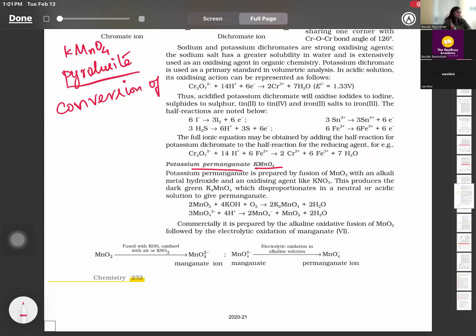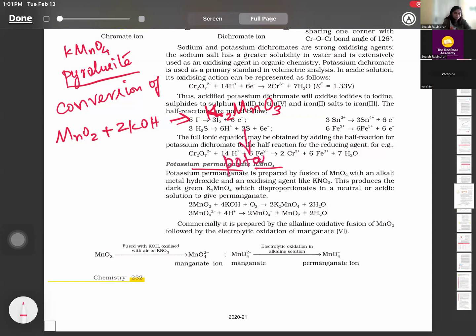Okay. So it should be reacted with potassium hydroxide. Manganese oxide reacts with potassium hydroxide. It gives K2MnO3. What is it? Potassium manganate.